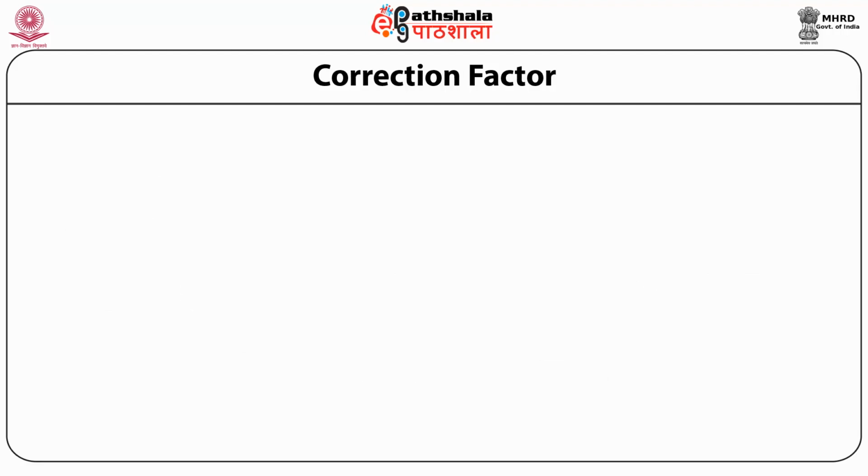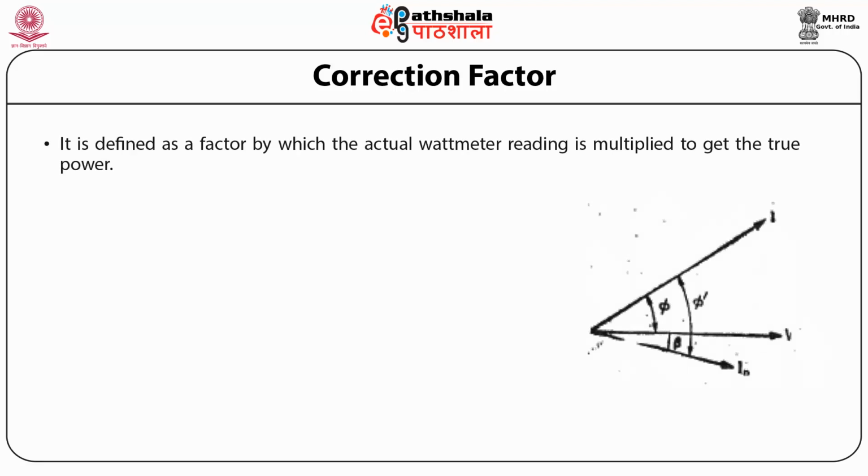So students, now let us see the correction factor. Correction factor is defined as a factor by which the actual wattmeter reading is multiplied to get the true power. The correction factor for lagging loads is given by cos phi divided by cos beta into cos phi minus beta.